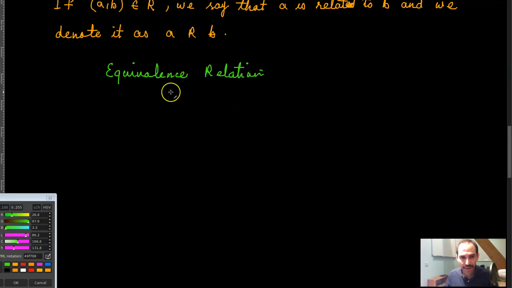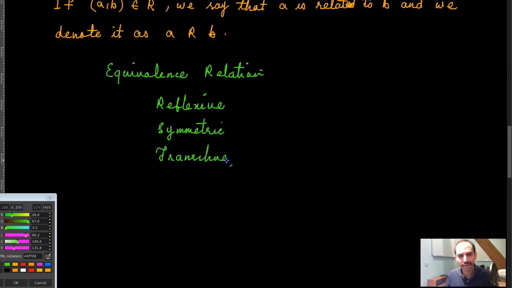Those three relations are called reflexive, symmetric and transitive. So, what is reflexive, what is symmetric, and what is transitive?